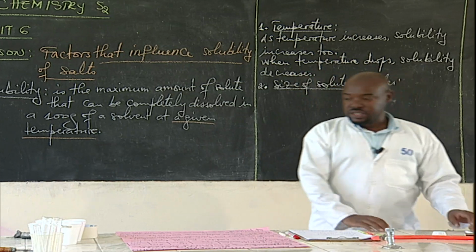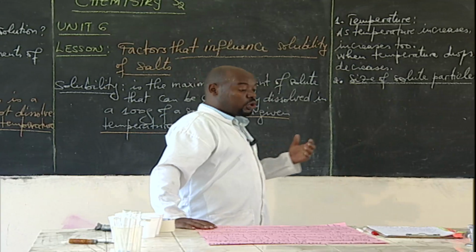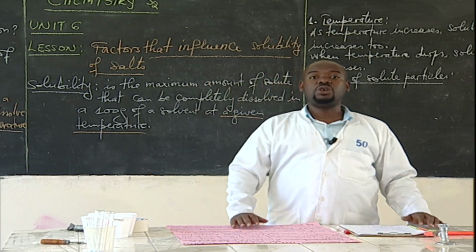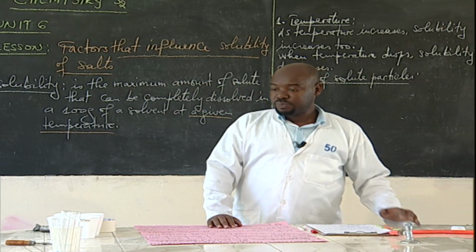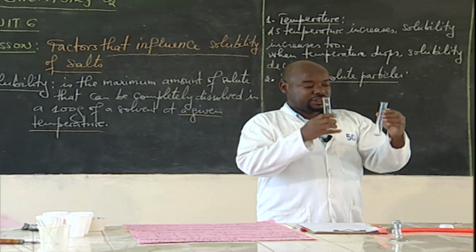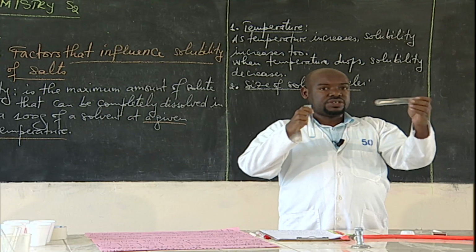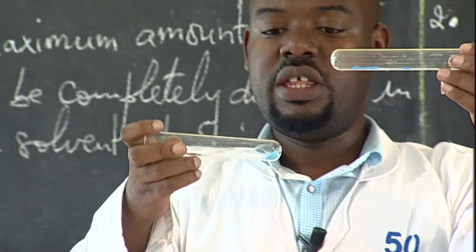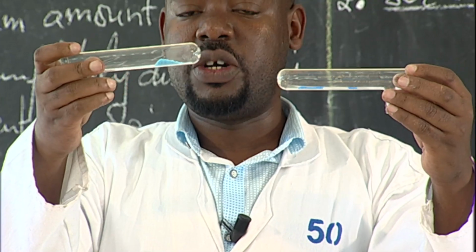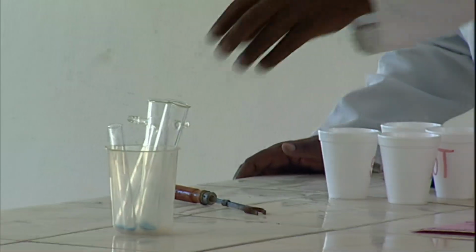Now, what happens when we use small particles, solute particles, or large solute particles? What happens? Let us have a look. We have two test tubes here, and the one contains large particles, while the other one contains small particles. You can also think about what happens when we are about to add some salt in food.